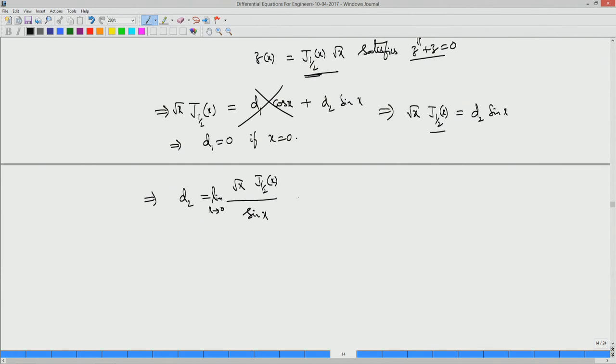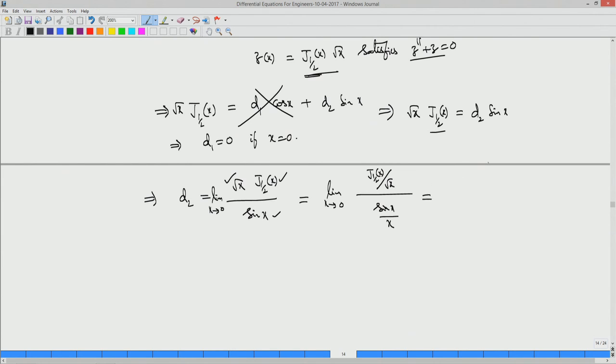This is well defined at x equal to 0. So, I can consider this limit, x goes to 0, and I write sin x by x, so that I should have J half of x by root x. These two are the same.